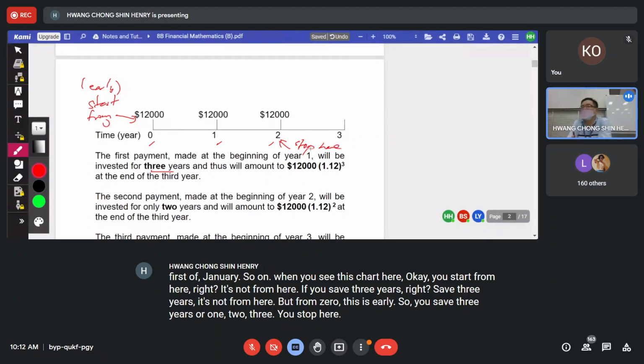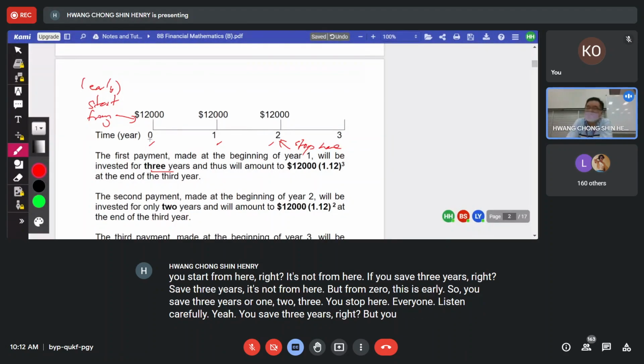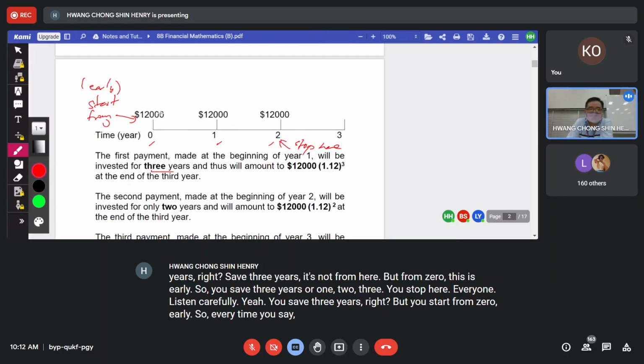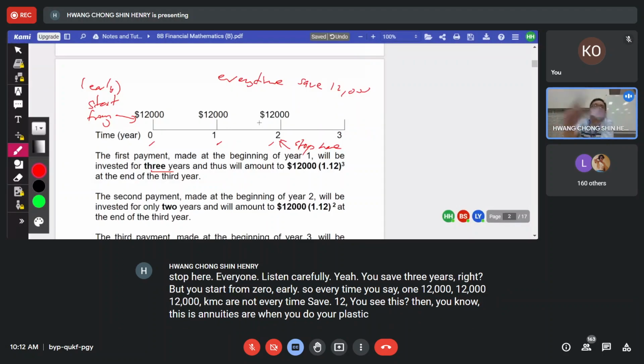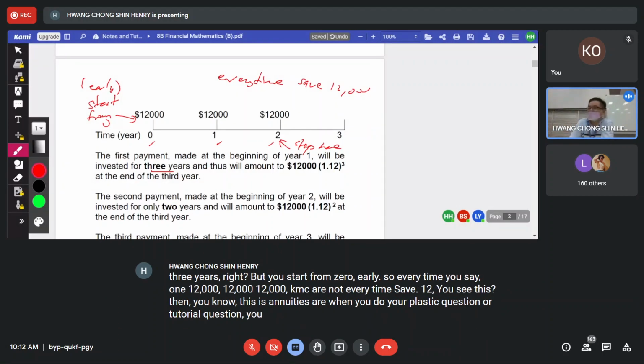Everyone listen carefully. You save 3 years, right? But you start from 0, early. So every time you save 12,000, 12,000, 12,000. Can you see or not? Every time save 12,000. Can you see this? Then you know this is annuities. When you do your past year question or tutorial question, you know this is annuities.